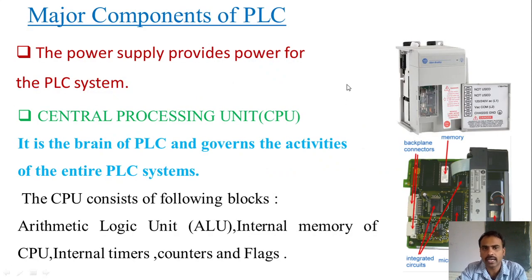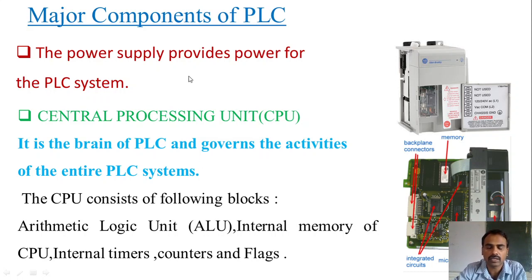Here you can see the power supply unit in the PLCs. The main function of the power supply unit is to provide power for the whole PLC and its components. It will regulate the power supply to the required level for all the components, so it maintains that particular voltage.